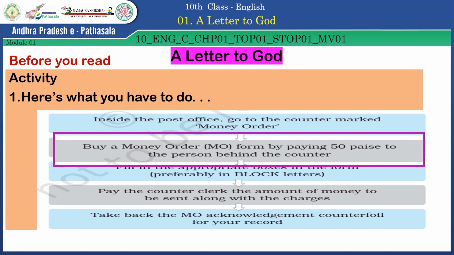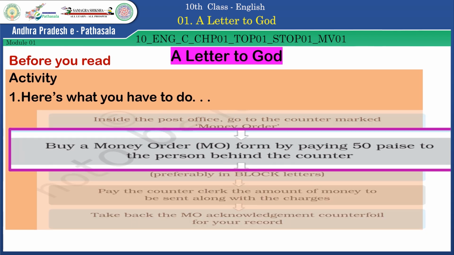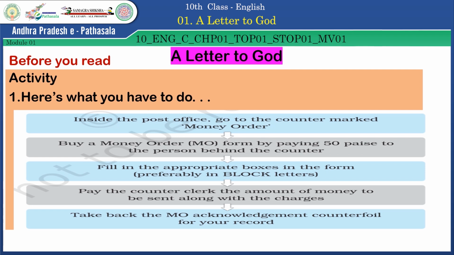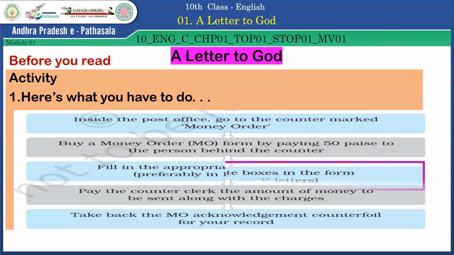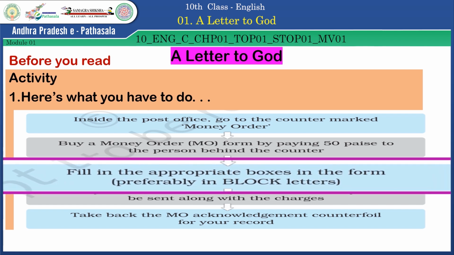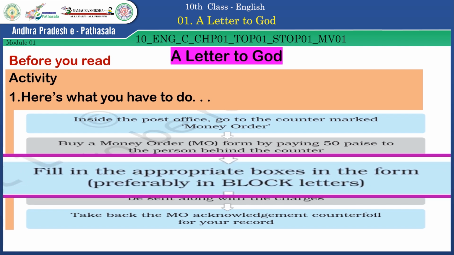Then buy a money order form by paying 50 paise to the person behind the counter. Fill in the appropriate boxes in the form, preferably in black letters only.